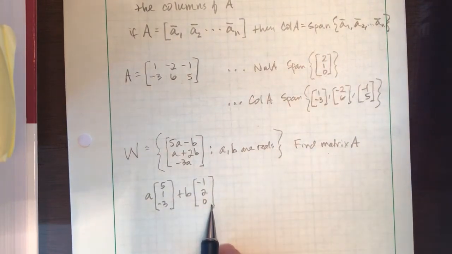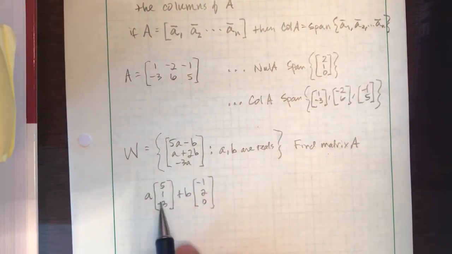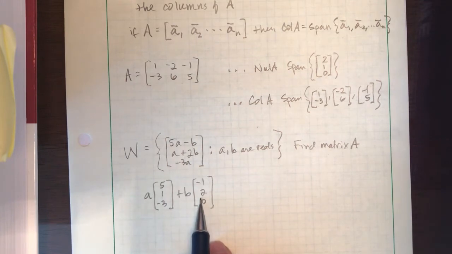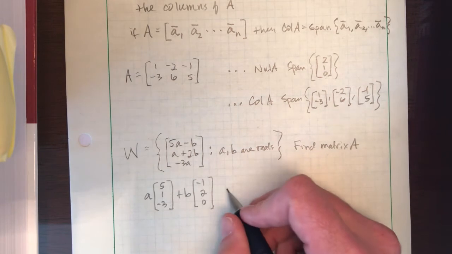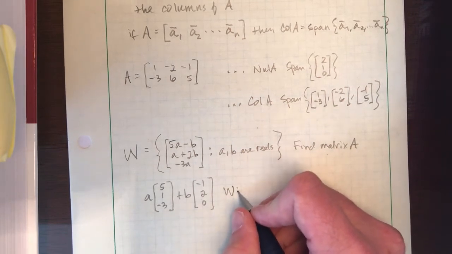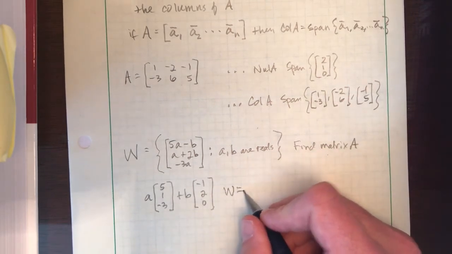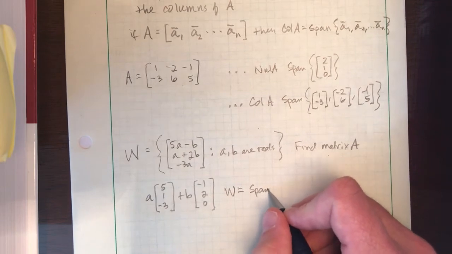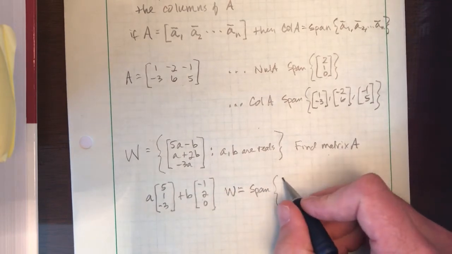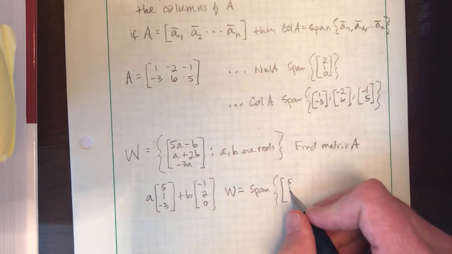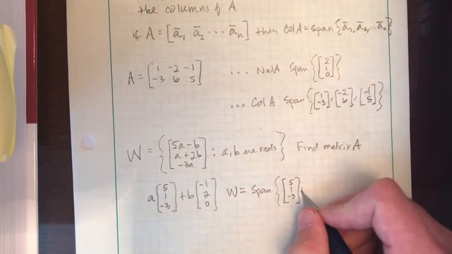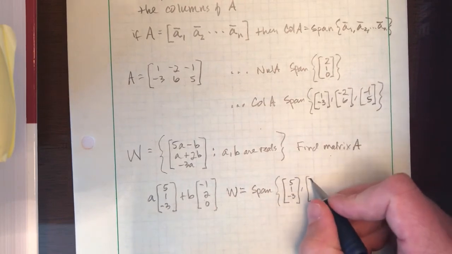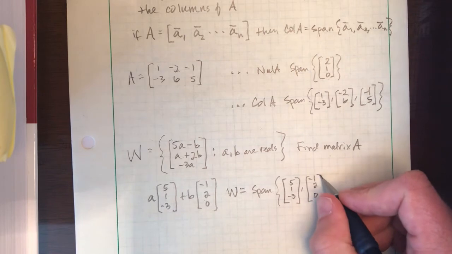So here's an easier way to see that this was just a linear combination of two column vectors. Well, that's what the column space is. So another way we could have stated the set W is it's just the span of those two vectors, (5, 1, -3) and (-1, 2, 0).